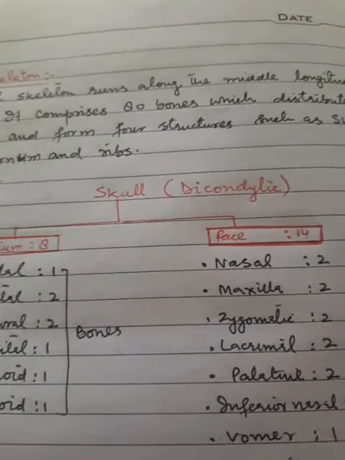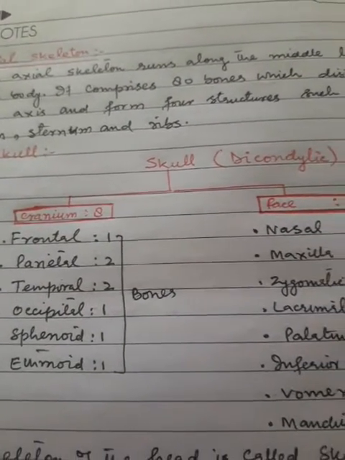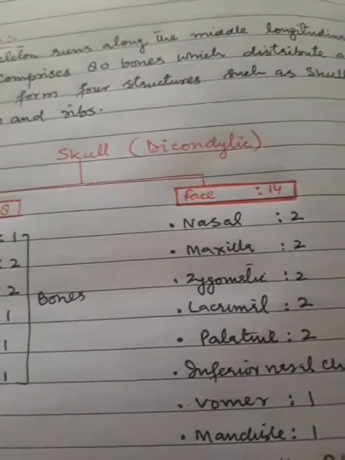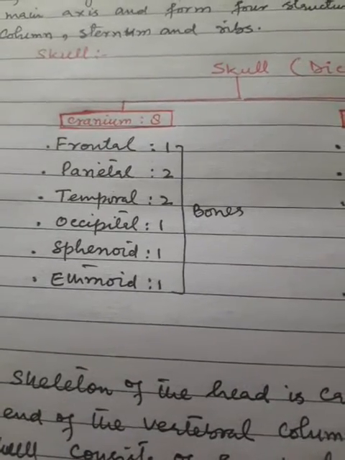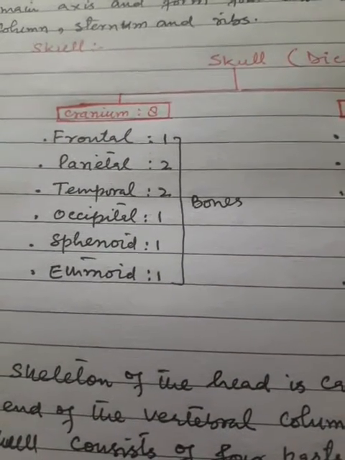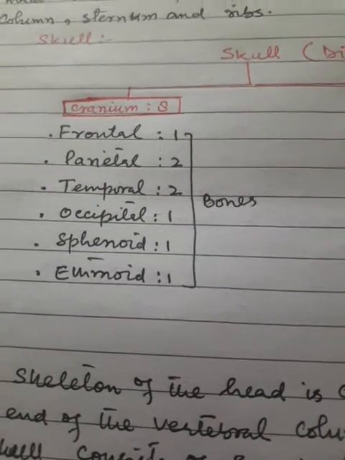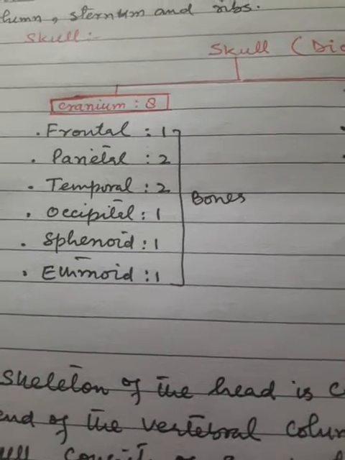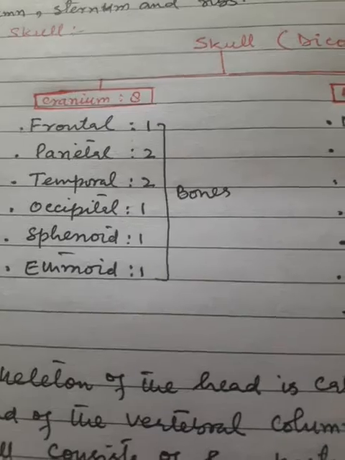The skull is dicondylic. The skull has cranium with 8 bones and face with 14 bones. The 8 bones of cranium are divided into: 1 frontal, 2 parietal, 2 temporal, 1 occipital, 1 sphenoid, and 1 ethmoid bone.